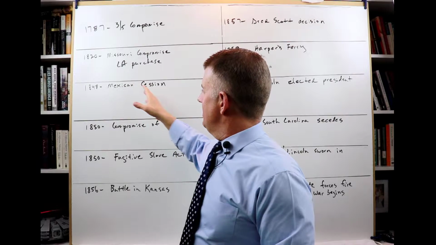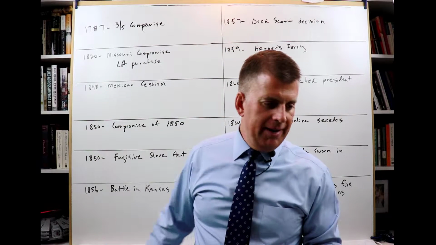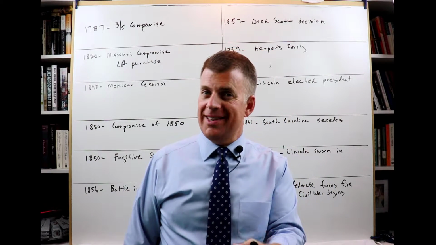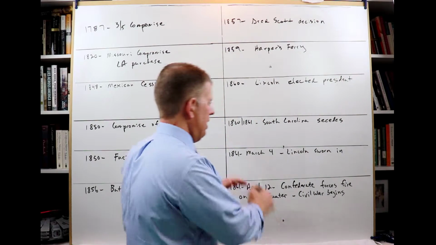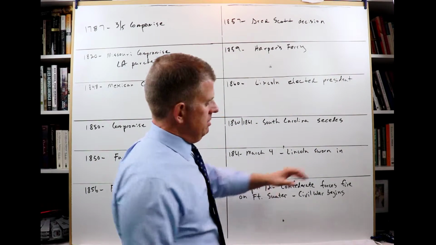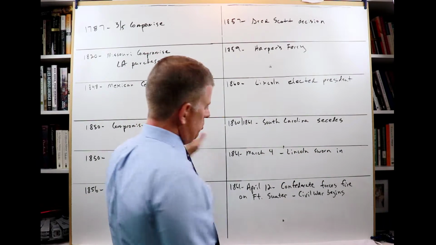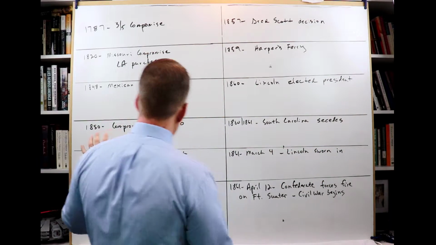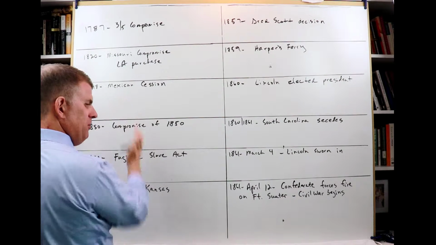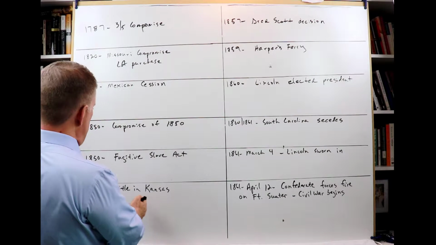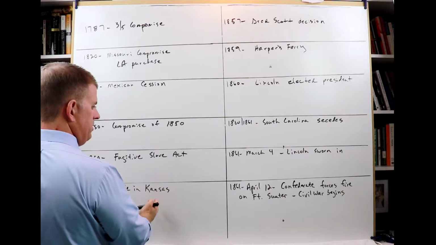1840, Mexican Secession. After the Mexican War, we talked about that land grab. If you remember our map earlier about the push westward expansion. You'll remember that. And over here was Mexican Secession. It was California and Arizona. Right? A lot of space over here.